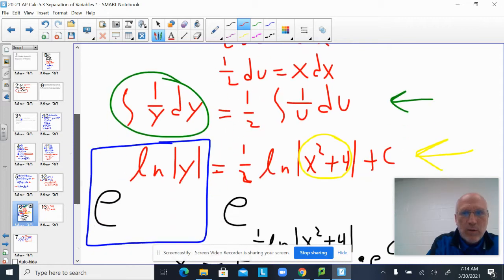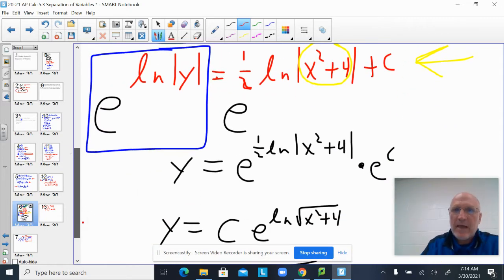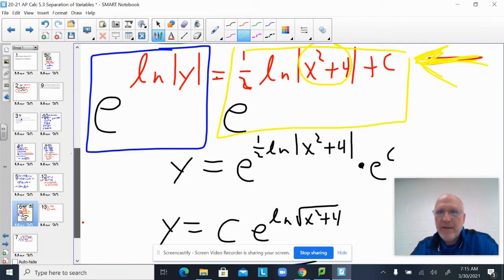So let's go back to where I was. Okay, let's compare this yellow line. Let's compare this line up here. Oh, I meant to do yellow. Let's compare this line to the line below it. I have e to the something plus something. And using that rule of exponents, that's e to the first thing times e to the second thing.